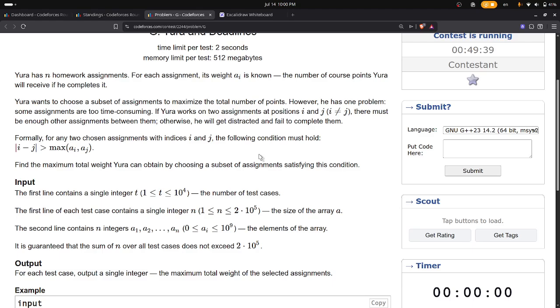So the max of them must be less than their index difference.